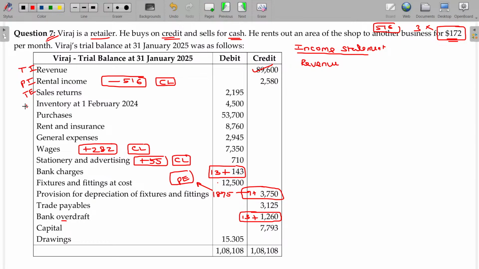Inventory in the beginning is a trading expense. Then purchases are trading expenses; rent and insurance, general expenses, wages, stationery and advertising, and bank charges are profit and loss expenses. Fixtures and fittings are non-current assets and will be adjusted after the provision for depreciation. Trade payables and bank overdraft are current liabilities. Capital and drawings will be adjusted in the capital account itself.